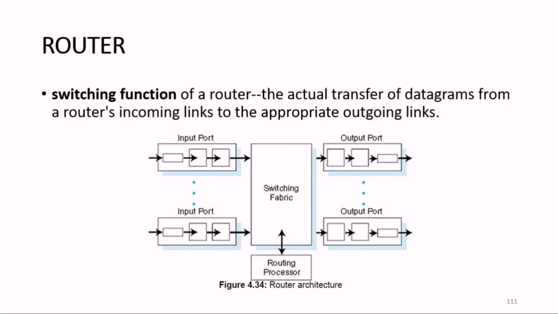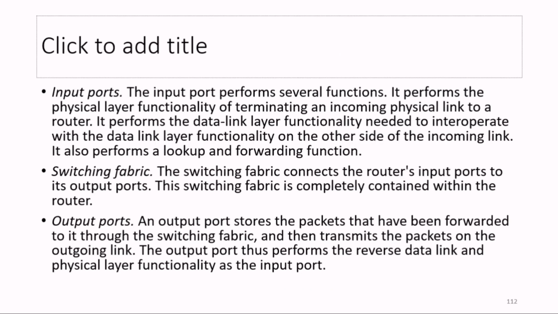So let's look into the router. A router's switching function actually transfers datagrams from the router's incoming link to the appropriate outgoing link. This is the router architecture, which consists of input ports, a switching fabric connected to a routing processor, and lastly the output ports.